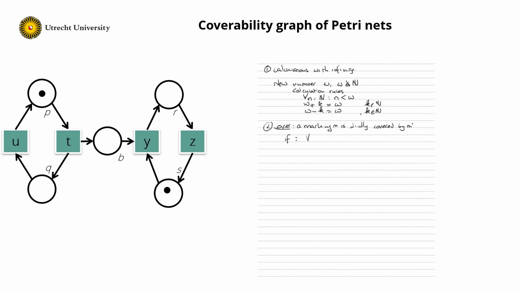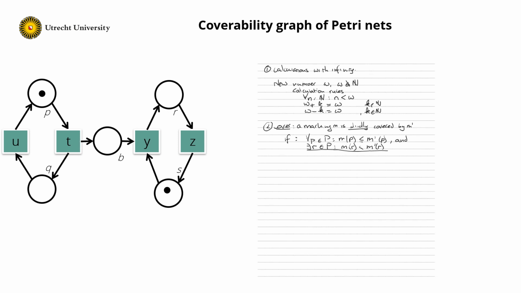First of all, if I take any place P, then the marking M should be smaller or equal to M prime for the same place P. And in addition, and that makes it strictly smaller, I also require that there exists some other place, let's call it R, such that the number of tokens in M for R is strictly smaller than the number of tokens in M prime for R. So that means, and that's why we say strictly, there should exist a place for which it is really smaller.